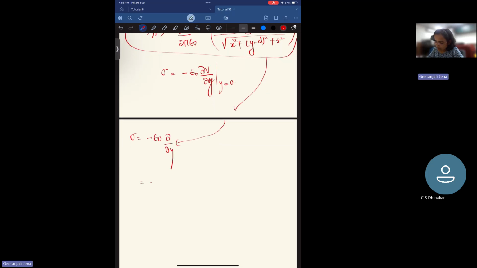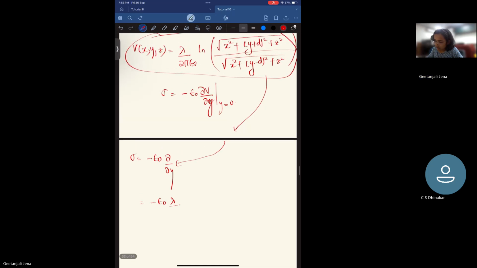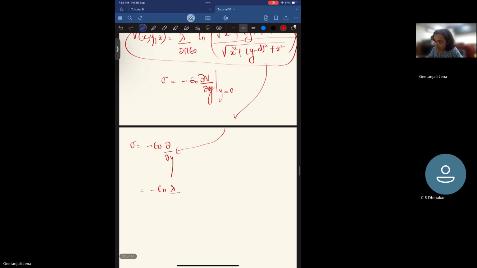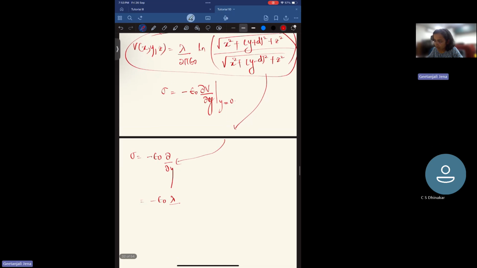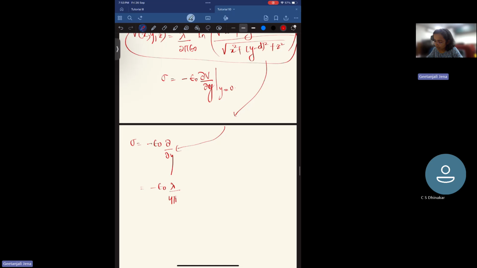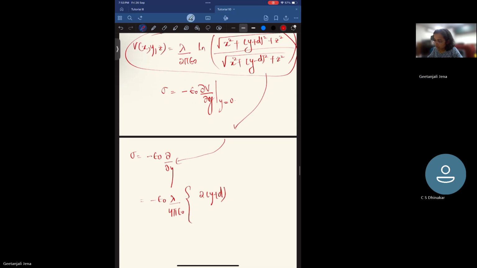So we will get minus epsilon naught lambda by, there will be a half because of the square root, so we will get 4 pi epsilon naught times 2 y plus d divided by x square plus z square plus y plus d square, minus 2 y minus d over the corresponding term.